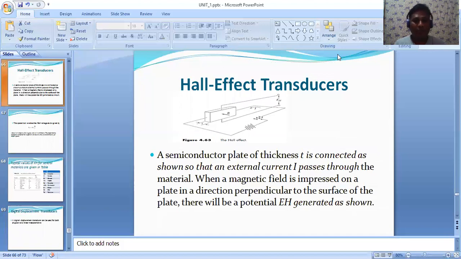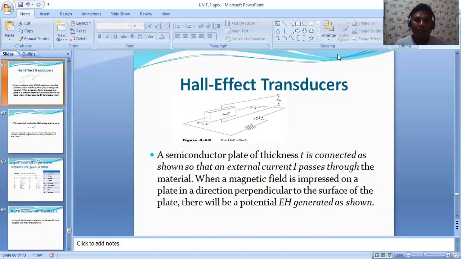So a semiconductor plate of thickness T is connected as in this diagram. That is, one external current I passes through the material.